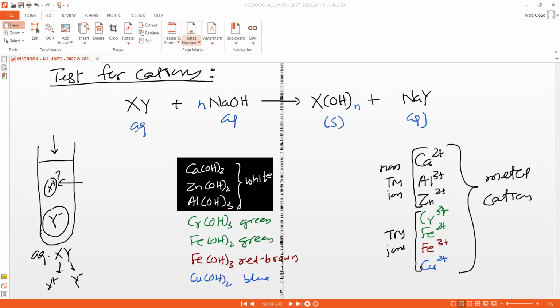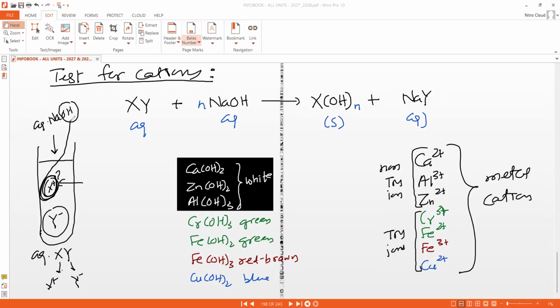For detection, it's a one-step reaction that works for all. You simply add dilute sodium hydroxide. When you add sodium hydroxide, the hydroxide will combine with the cation, whichever cation it is.